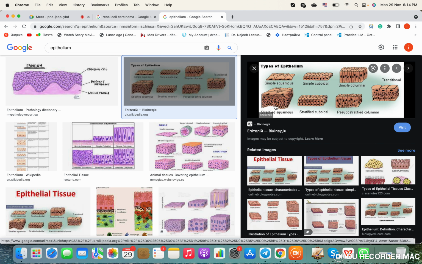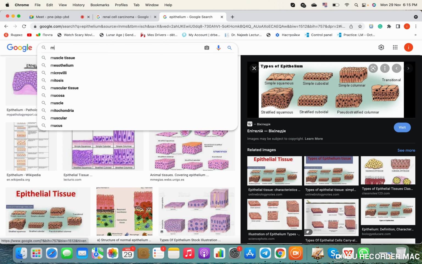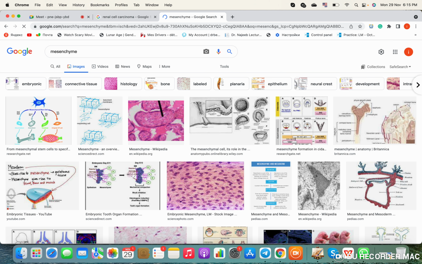In Barrett esophagus, the stratified squamous becomes what? It becomes simple, but not cuboidal. It becomes simple columnar with goblet cells, which is an example of one cell type changing to another, and we call it metaplasia. So, if we speak about epithelium, it's the lining of your body.